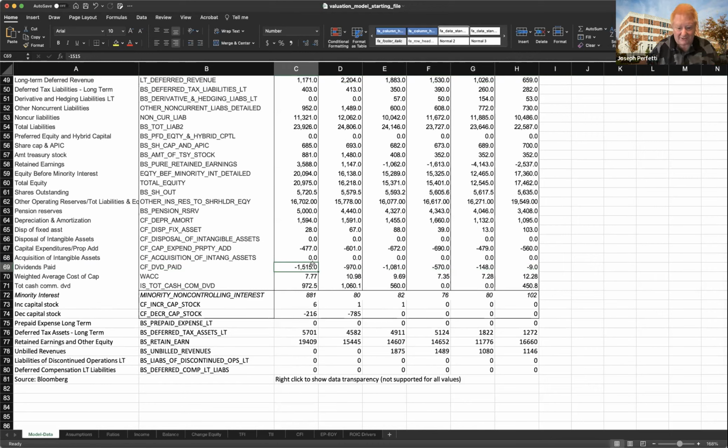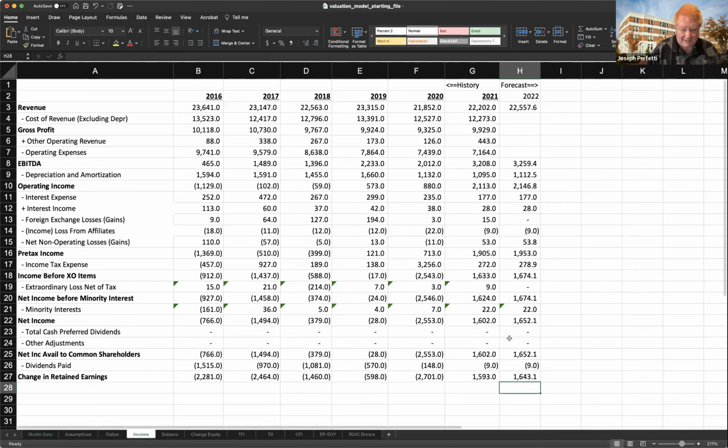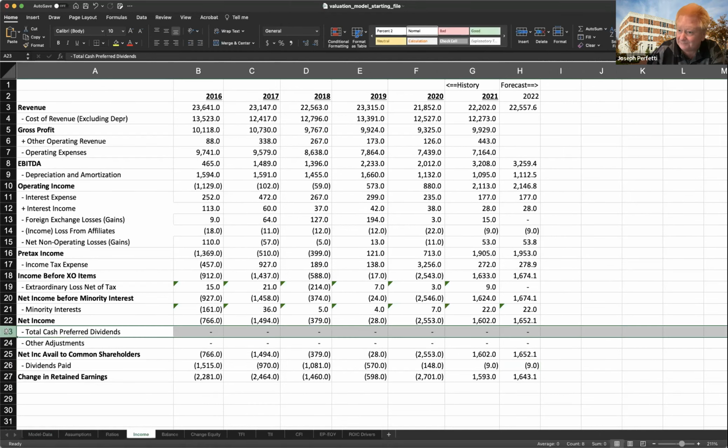Formatting, it's your data source. Because I know dividends are coming as a negative number, not a positive number, and this is just an important valuation technique, if I'm going to tie to a reusable data source, I have to add the negative because I know it's coming to me as a negative number. By the way, I also know that preferred dividends are going to come as a negative number.